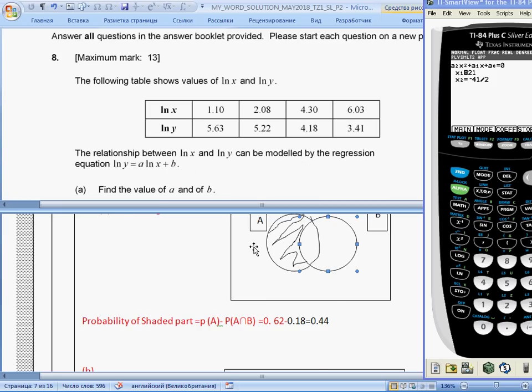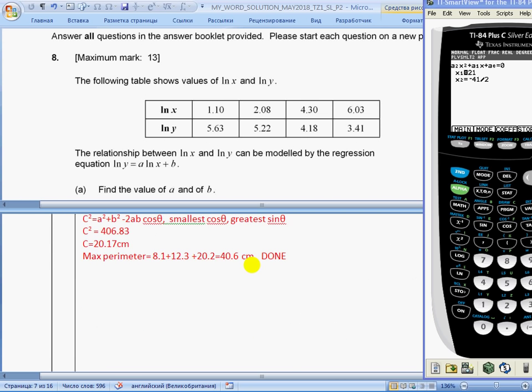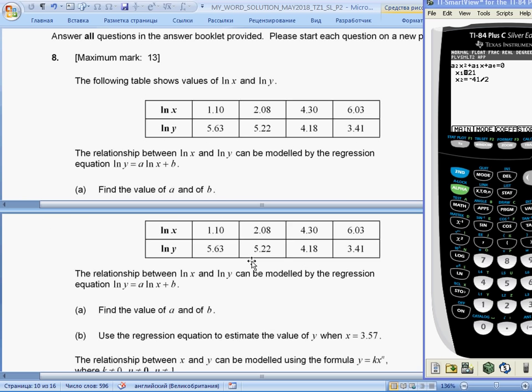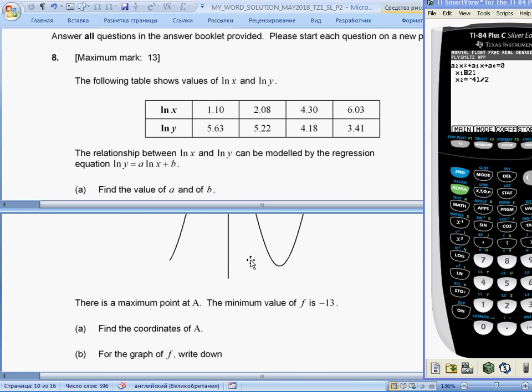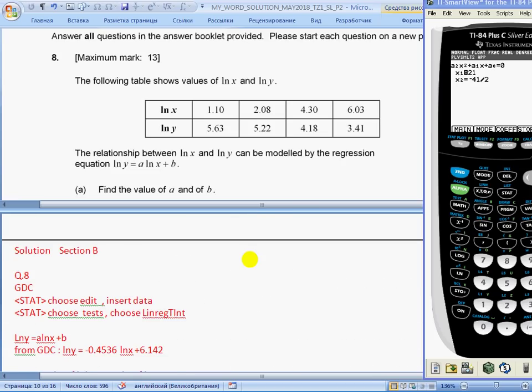So find a and b. We do it with the calculator. First let me find the solutions.